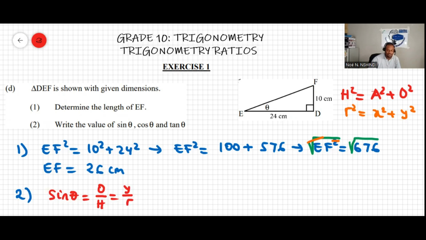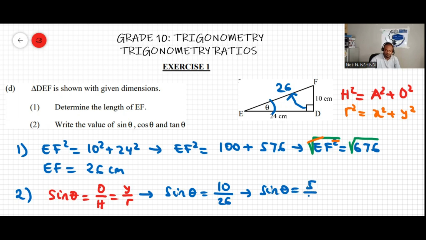In this case, the opposite side of this triangle is 10, and the hypotenuse, the side opposite the 90 degrees angle, we found to be 26. So this will be 10 over 26, which can be simplified to 5 over 13.